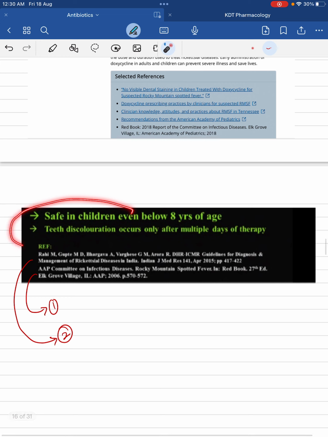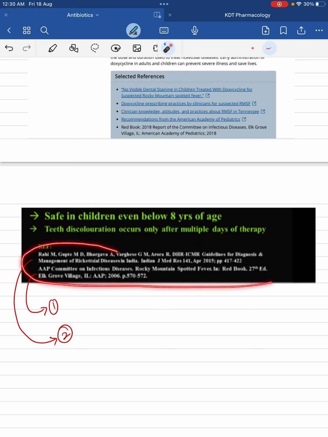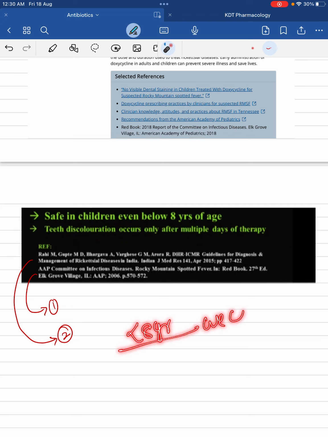And the other is from the lecture of IAP infectious disease, where they have given the references for the safety of doxycycline in less than 8 years. So this much clear, which means in less than 8 years also we can use it. This much clear.